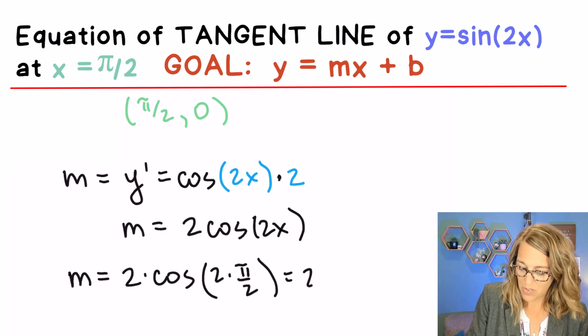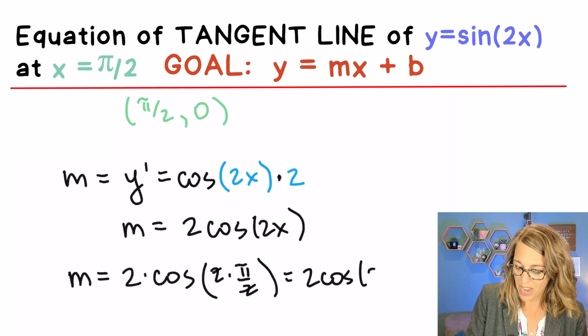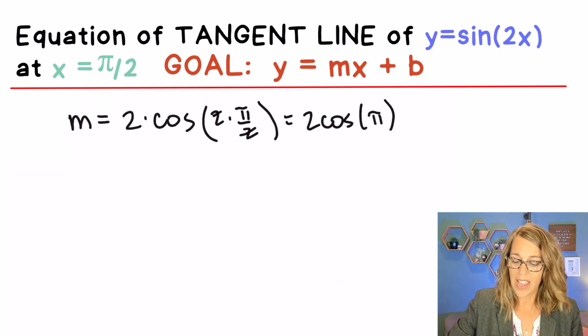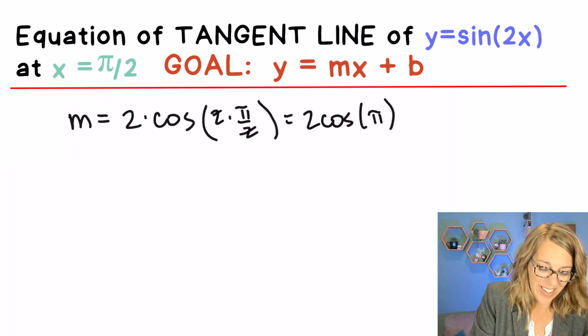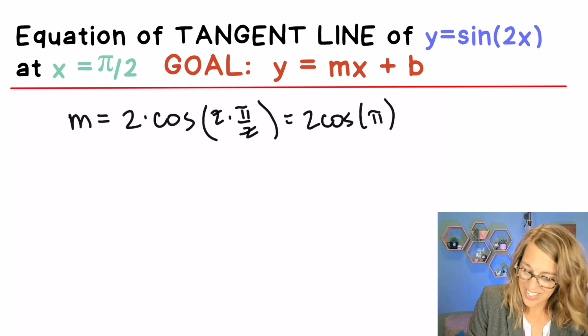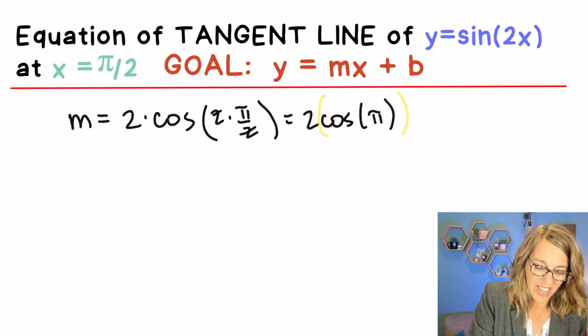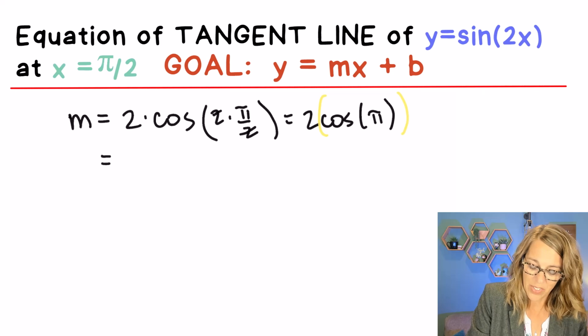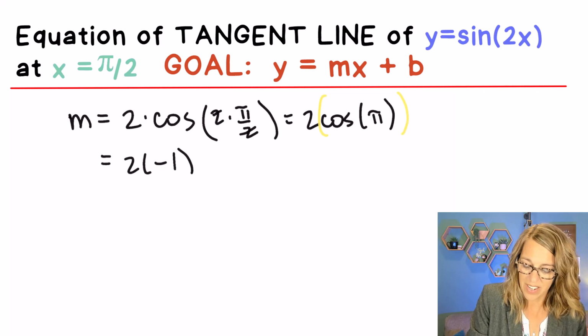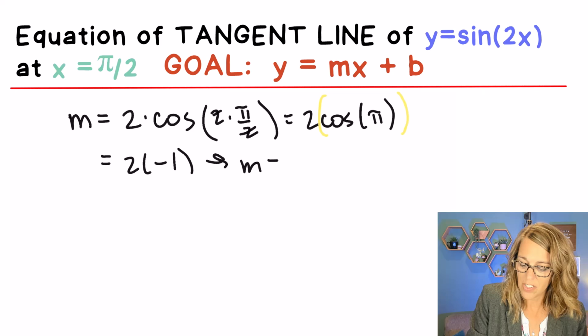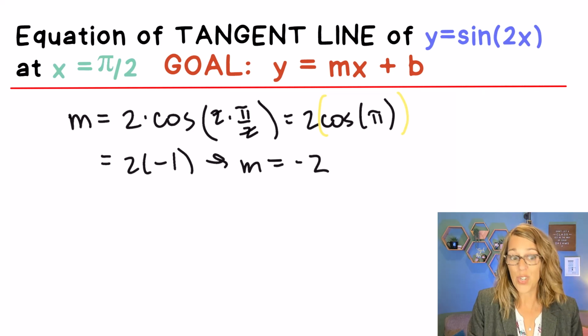This is going to be 2 times the cosine of, cancel those 2's, pi. Now the cosine of pi is -1, so I can replace cosine here with a -1, and I end up with 2 times -1, so the slope of my tangent line is -2.